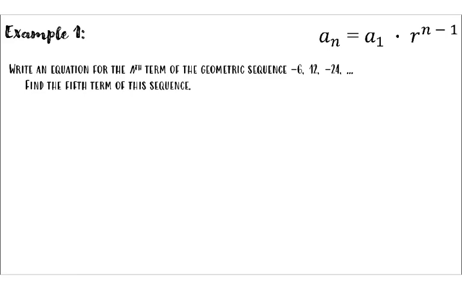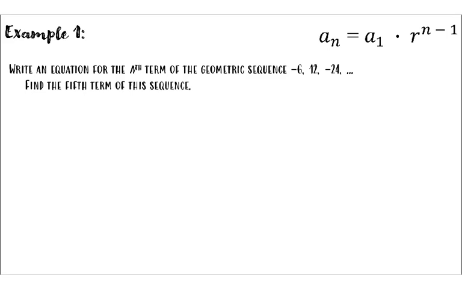I know some of you are thinking, they already gave us 3 terms, I can just multiply to get to the fifth term. Yes, this is true, but what if you were asked to find the 100th number in the sequence? No one is going to sit there and multiply up to 100 times. So let's figure out how we can write an equation to quickly get the number that we want.